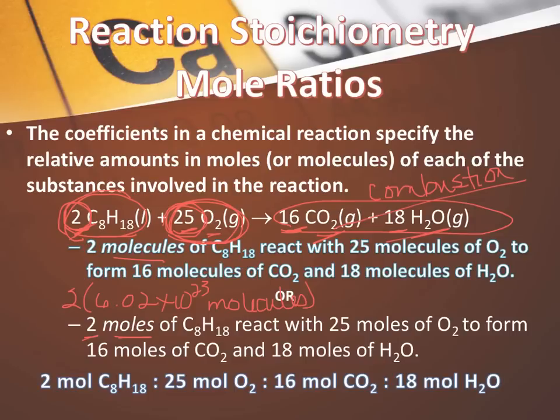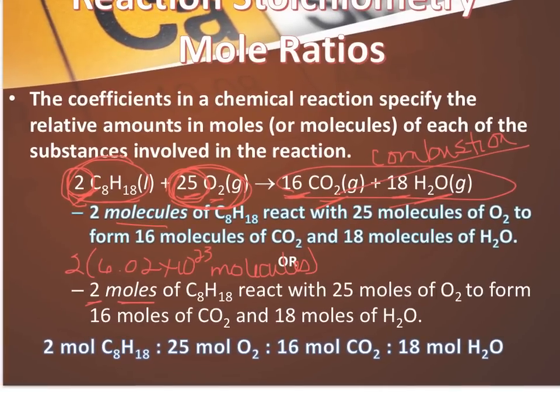So the first concept you're going to learn before we start doing stoichiometry is what we call mole ratios. Mole ratios are gotten from the coefficients in the balanced reaction.